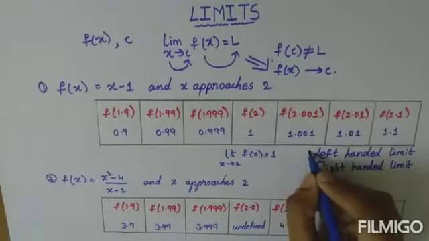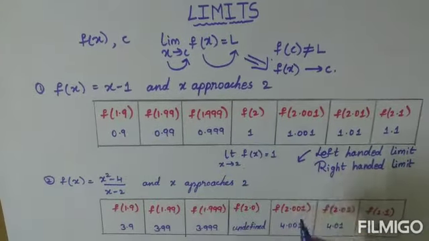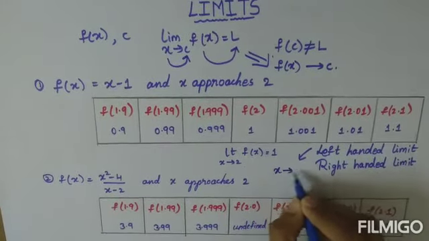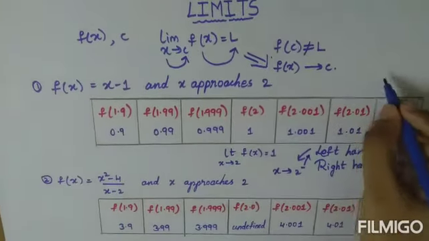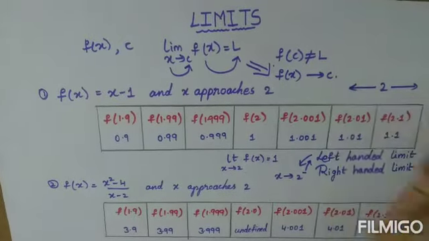So, left hand limit is when we approach the value from the left hand side. We write here as x tends to 2 minus. Minus indicates from left hand side.